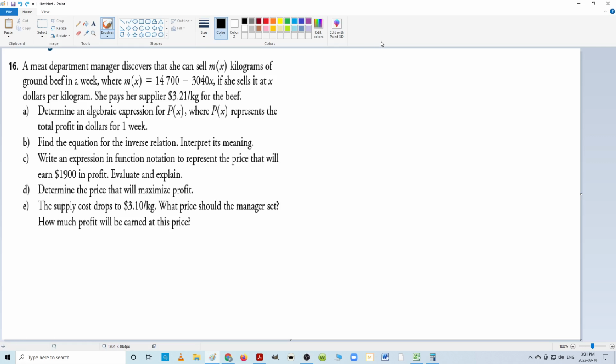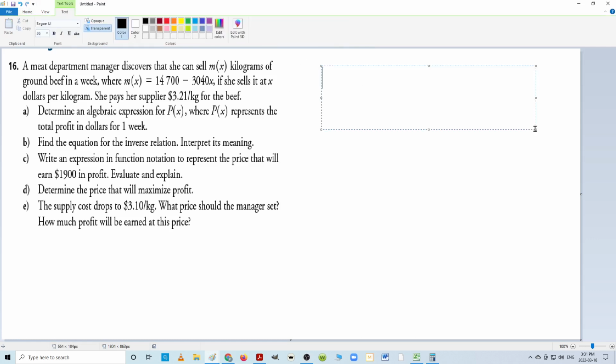Okay, so profit is equal to money times units, right? And she determines that M of x is how much she can sell. That's how many kilograms she can sell.